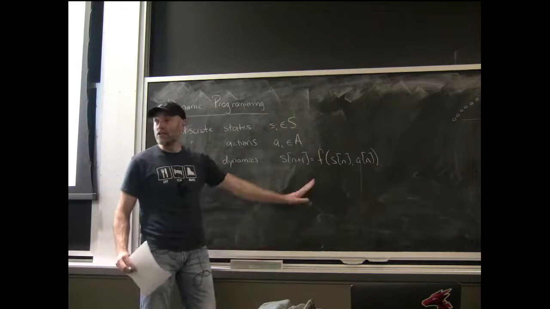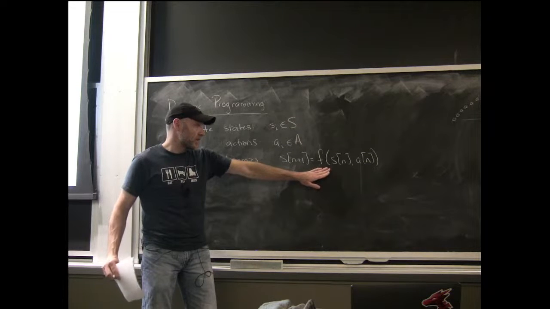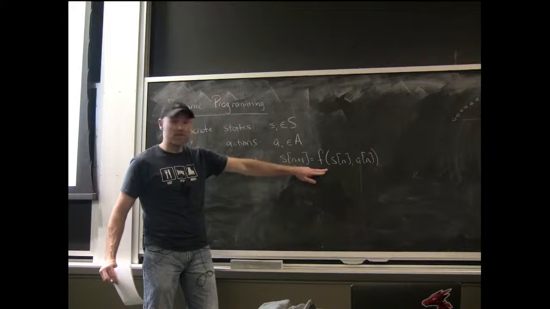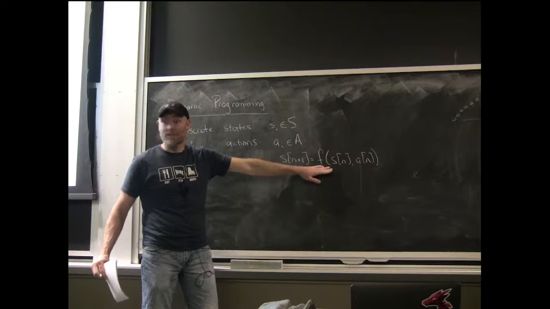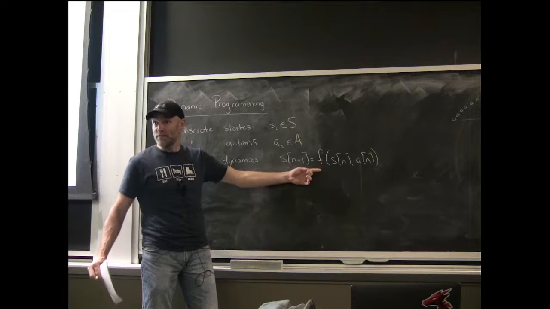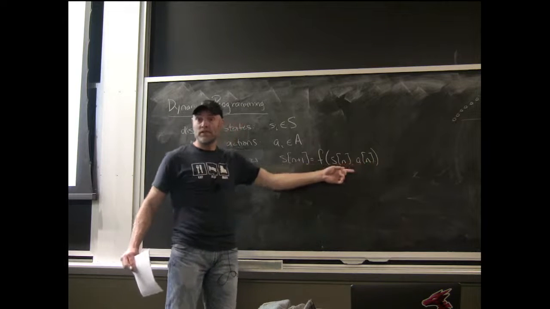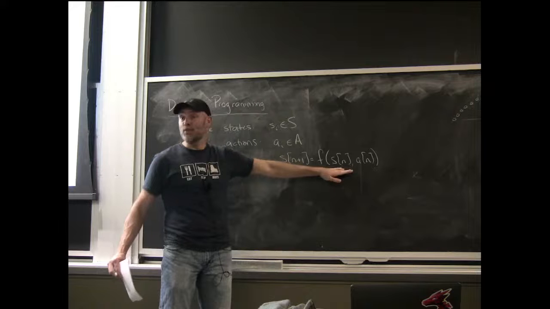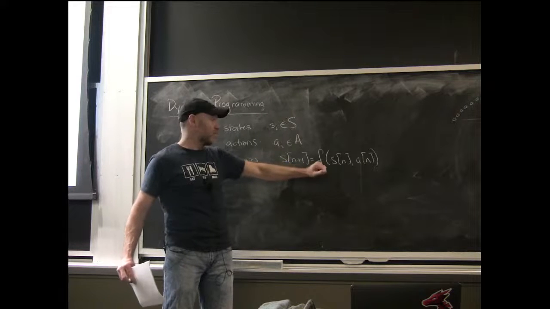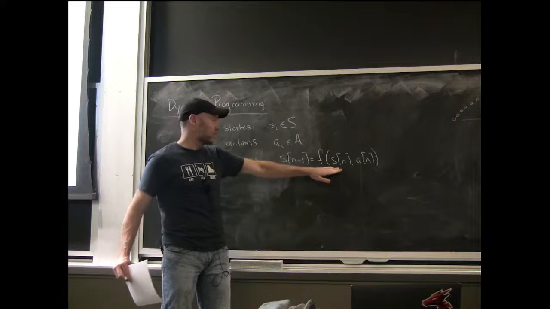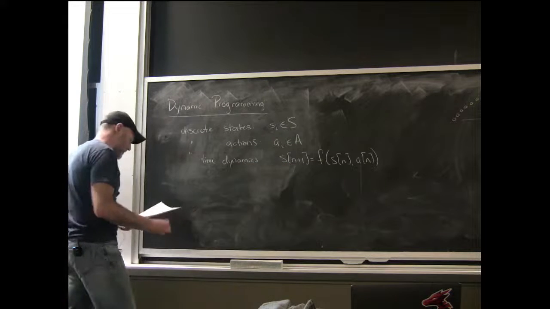I could have written a transition matrix here, if you think about Markov decision processes and the like, but this is a perfectly equivalent way to define a function that looks like my difference equation, and it is defined only on discrete elements. So I'm going to write the state space form version of it. If you want to turn that into a transition matrix in your head, you're welcome to. But this is the dynamics way.